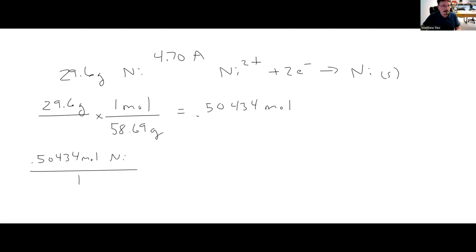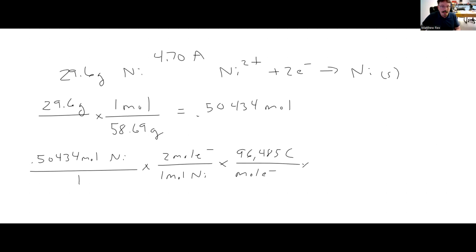All right, so now I know we need 2 moles of electrons for every 1 mole of nickel. And I know Faraday's constant gives me how many coulombs we're going to get per mole of electrons.